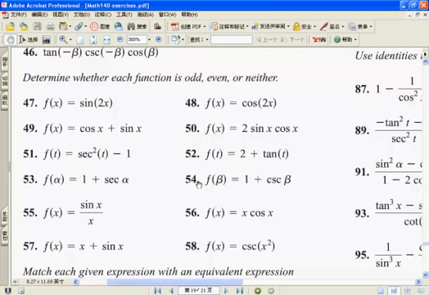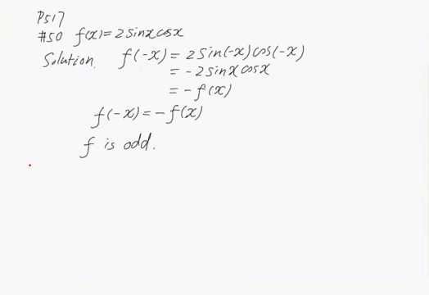Let's look at another example. 54. f of beta is equal to 1 plus cosecant beta. And let's get f of negative beta.